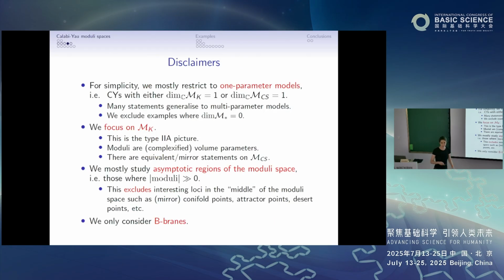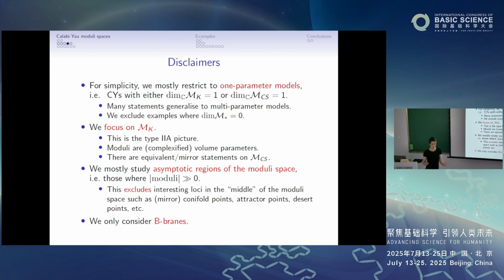Since I see quite a few experts in the audience, I also need to manage expectations a little bit. So here's my disclaimer slide. What I will mostly restrict to for simplicity in my talk is one-parameter models, where either the dimension of the Kähler moduli space or of the mirror complex structure moduli space is 1. This is not really a strict restriction.